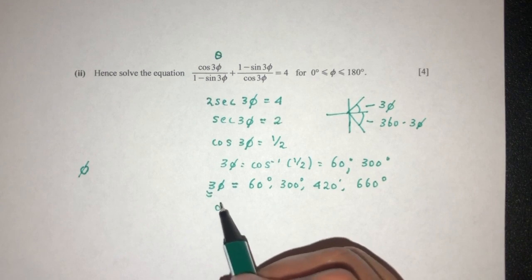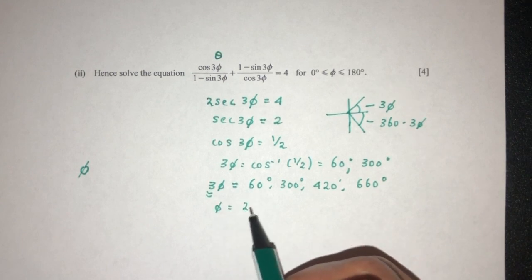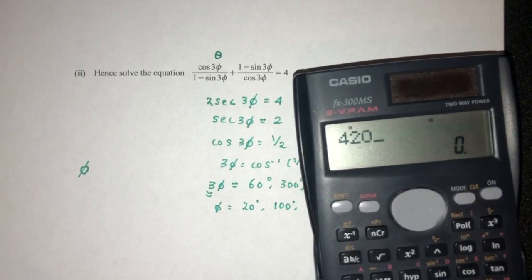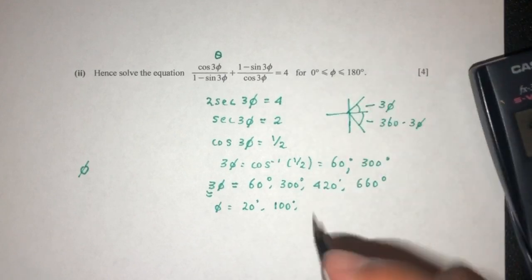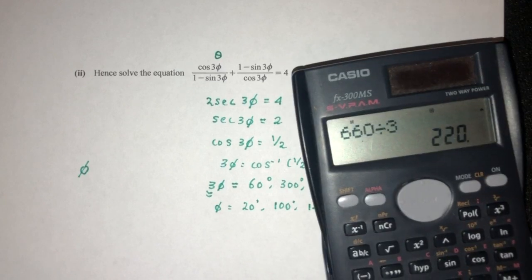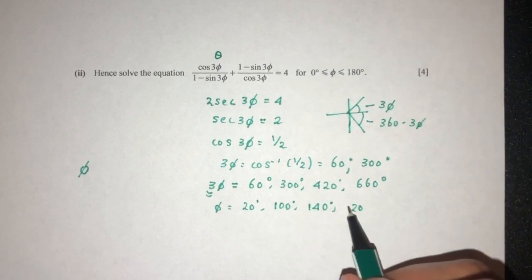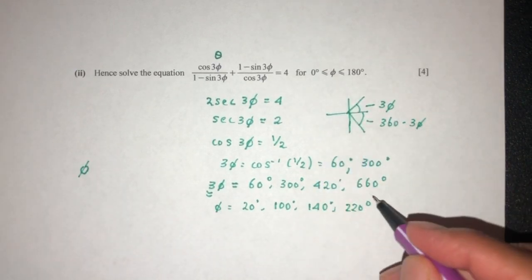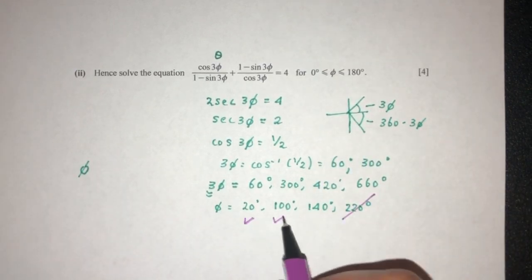So here we have this, divided by 3, that should be 20. That should be 100. So 420 divided by 3, that should be 140. And 660 divided by 3, that should be 220. Okay, so as you can see, based on the limits, this will be too much, but this and this and this are good.